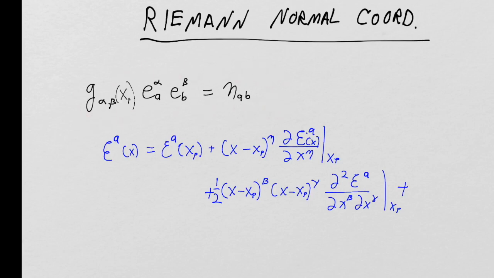And as on our way to that expression, we had expanded the coordinate transformations, right? The coordinate transformations E, A of x and x alpha of, I keep calling it E, but it's psi, right? It's xi, I guess.